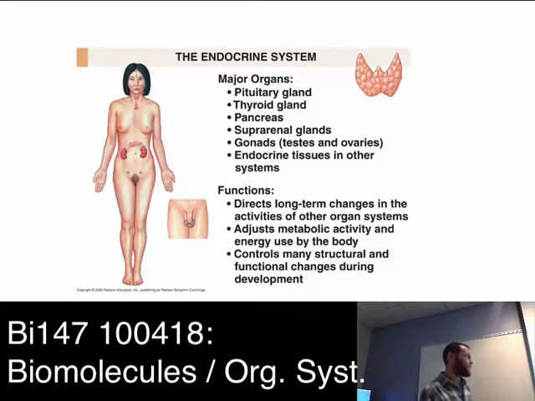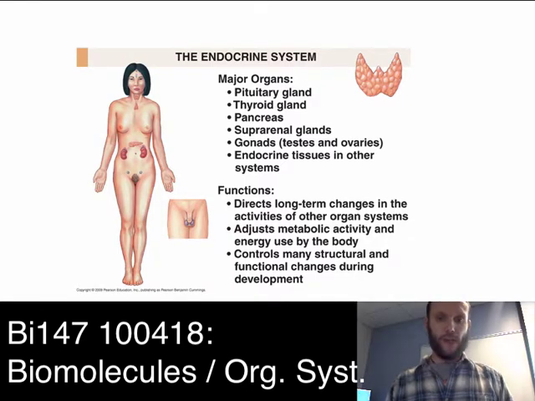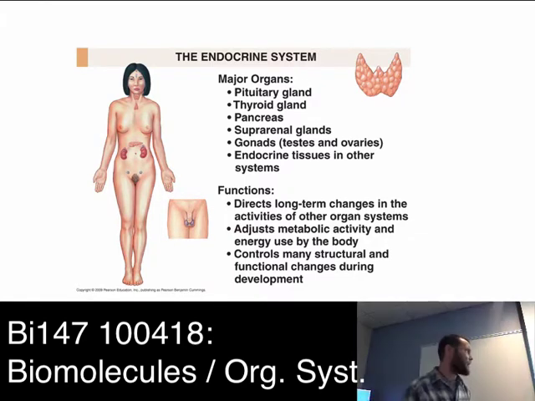So, what are these functions? Well, it directs long-term changes in the activity of the organ systems. We said that the nervous system is rapid, short-term changes. This is going to direct long-term changes in other organ systems. Well, how does it do that? It's all chemicals and hormones.